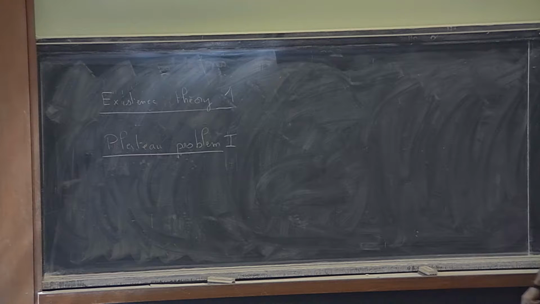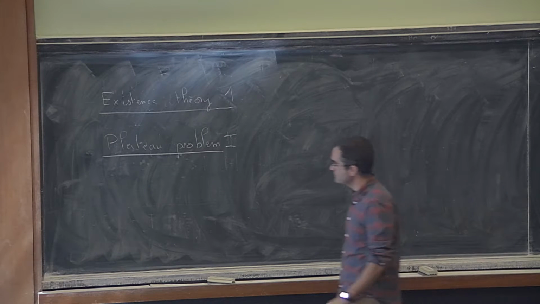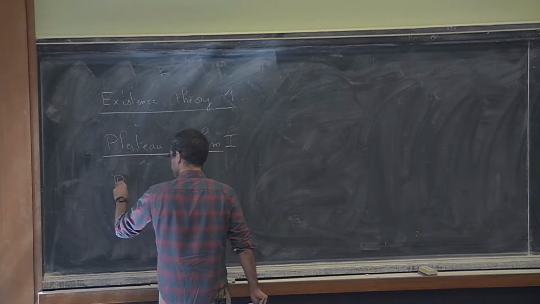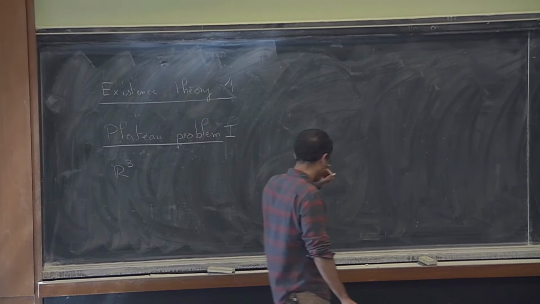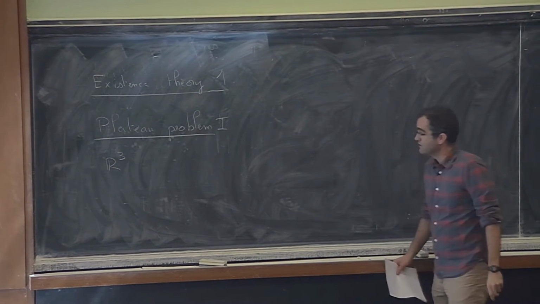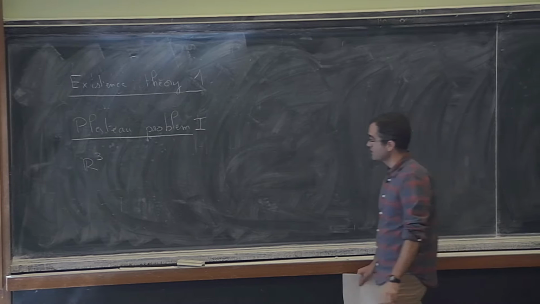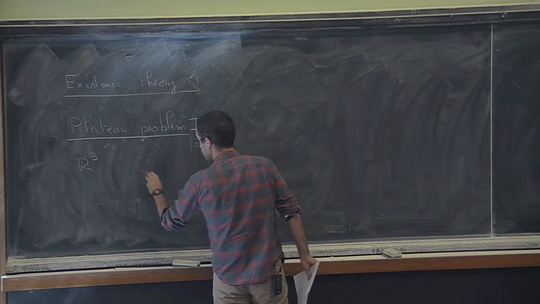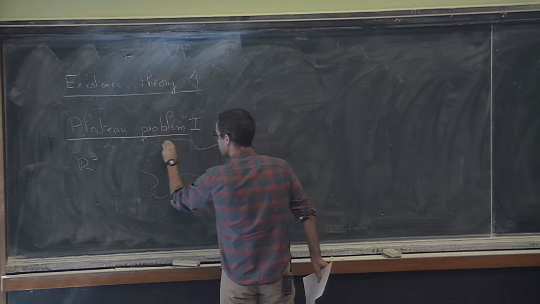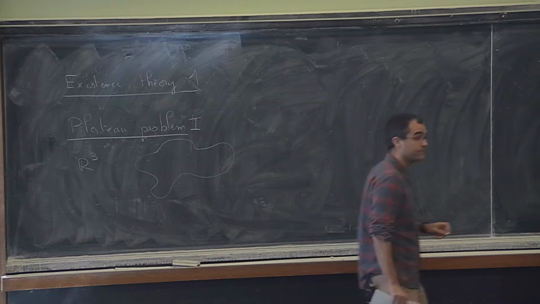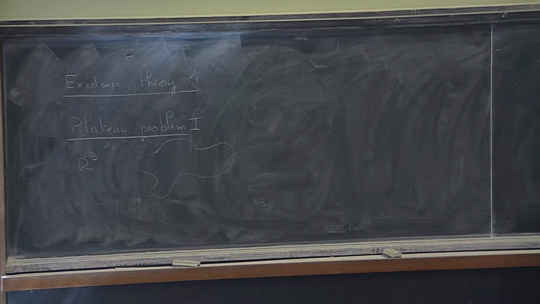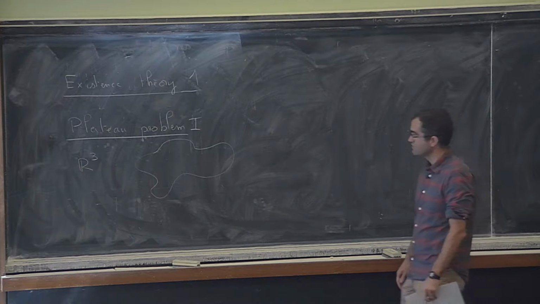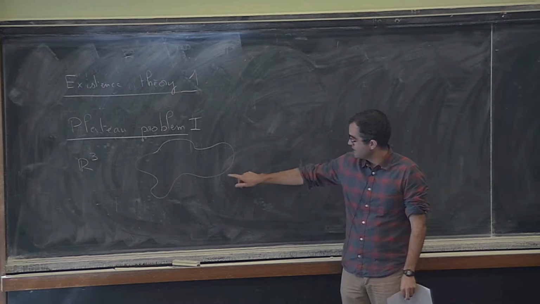So, the question is the following. You look at R3. And the basic question is the following. You look at a curve, a Jordan curve, inside R3. And you want to find a surface which is minimal. So a priori just a critical point of the area functional with boundary exactly that curve.